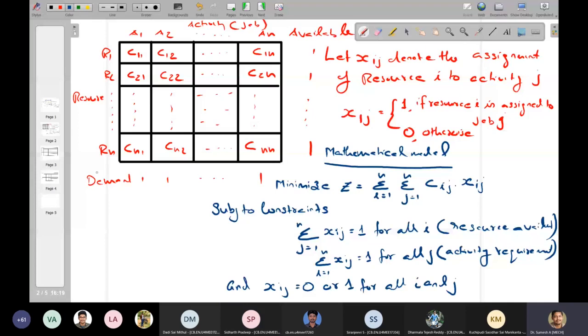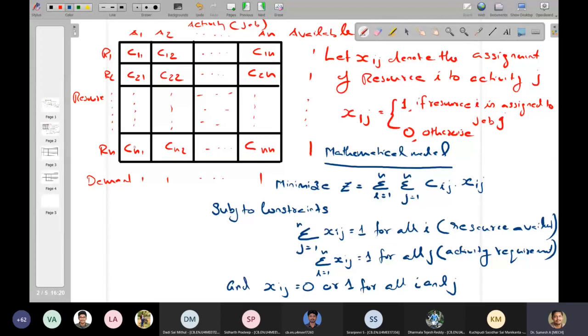If we take column wise also, only one assignment is possible. That is what is written over here. So Xij will have a value of 1 for any one of these cells, and the same way here also it is possible for 1 in any one of the cells. Rest all values will be 0.